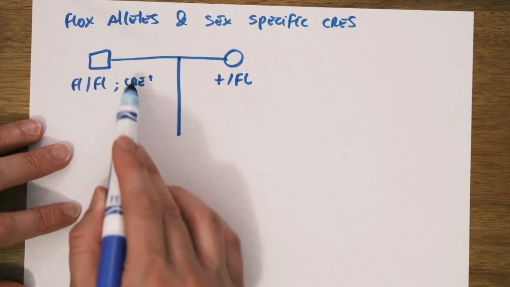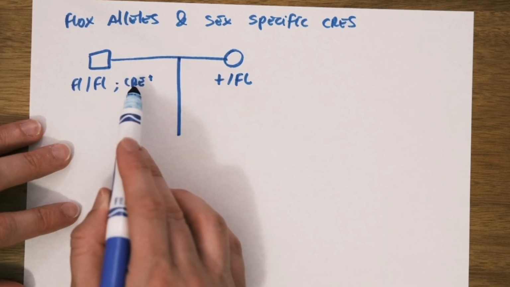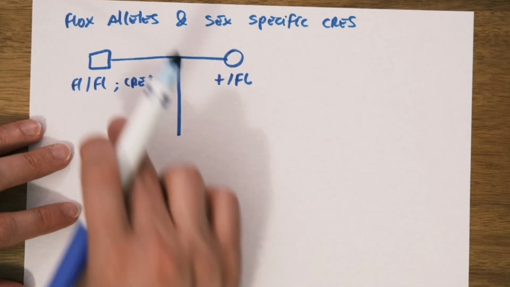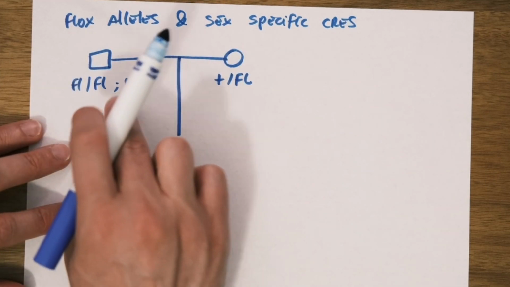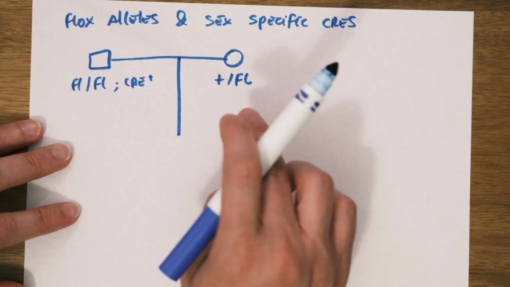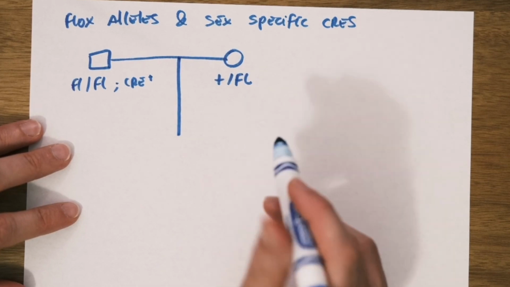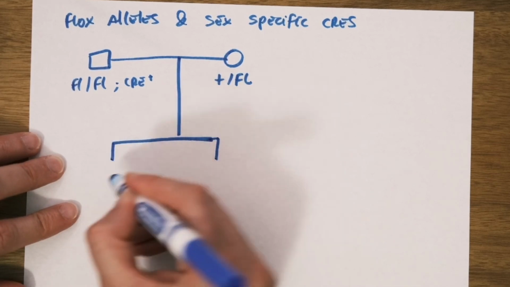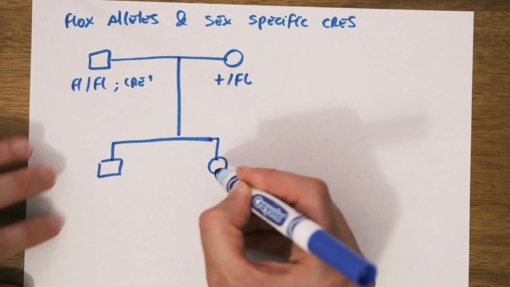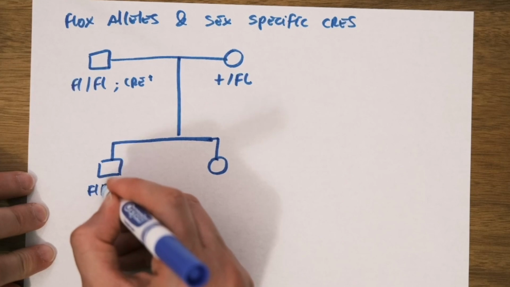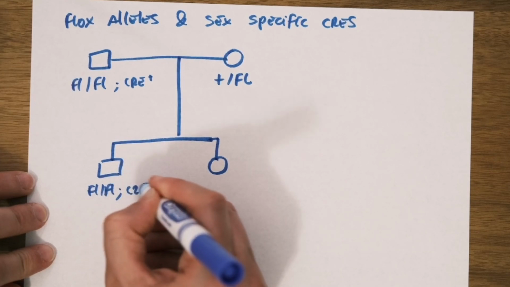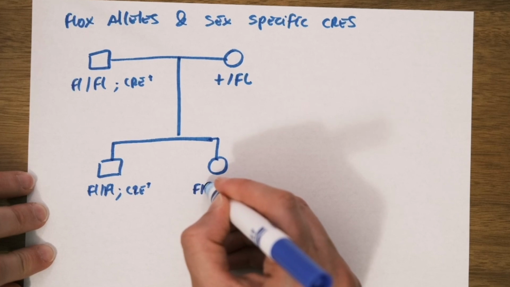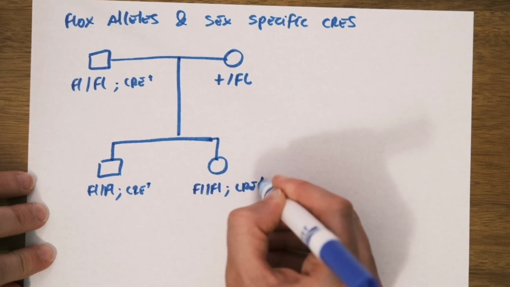For the sake of this example, let's imagine that this Cre is actually expressed only in the female germline, so it wouldn't be expressed in the male. And what we want to do is to study the infertility of the females. So with this breeding, we will end up with a situation like this, for example, where we have a male that can be Flox-Flox and Cre positive, and a female that can be Flox-Flox and Cre positive as well.